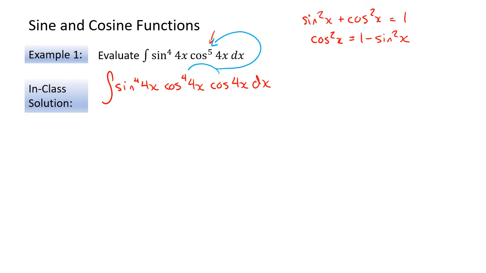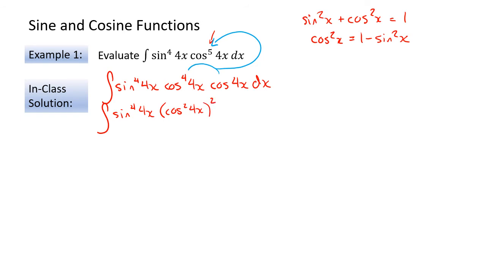Okay? Well, in order to make these an equivalent piece, we can rewrite this integral as the integral of sine to the exponent 4 of 4x, and this could actually be cosine squared of 4x all squared, right?